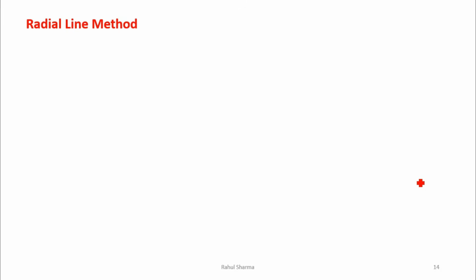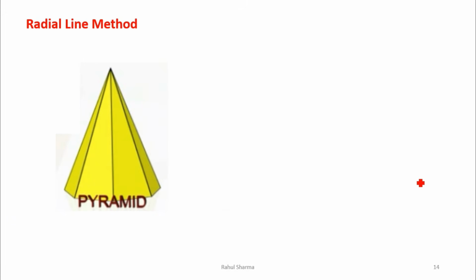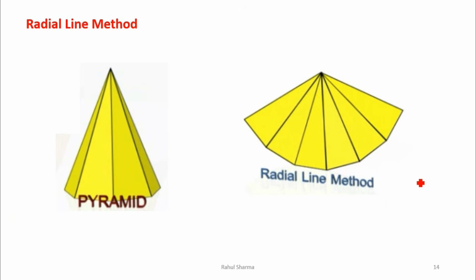So let's see now the next part, that is the radial line method. In radial line method, I have told you we have to develop a pyramid or a cone. When you develop a pyramid or a cone, it will have an apex point. Just try to imagine when we cut a pyramid from this edge. Now this edge will be taken into two directions, means we have to unfold that. When you unfold, the apex will remain the same.